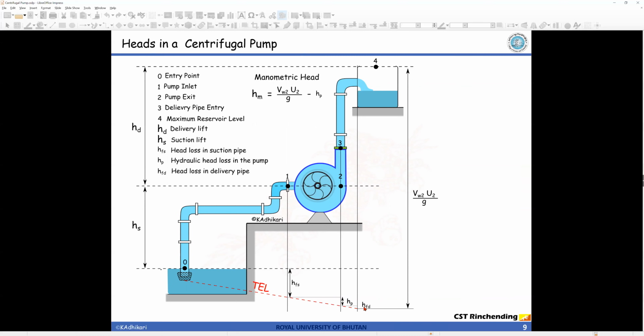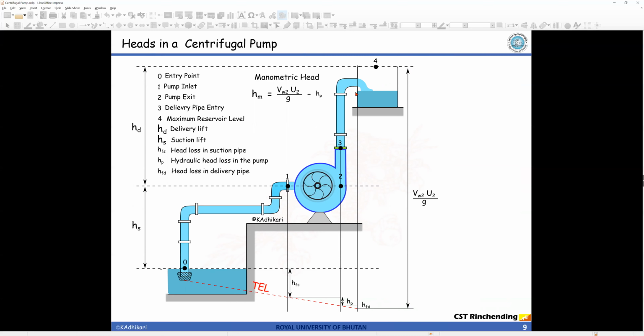Further, HFD is the frictional loss between the pump and the delivery point, in the delivery pipe. So what you need to understand is that this much head must be added additionally for this liquid to be moved from this position to this position. So that is the understanding.